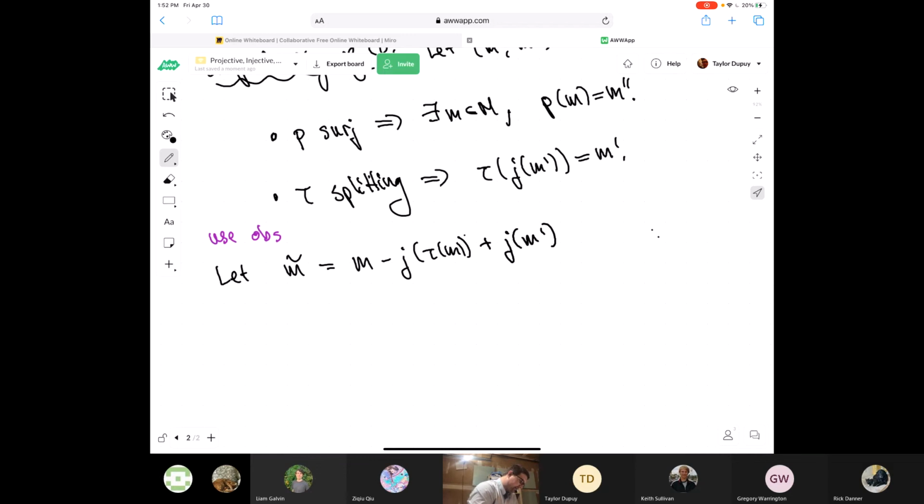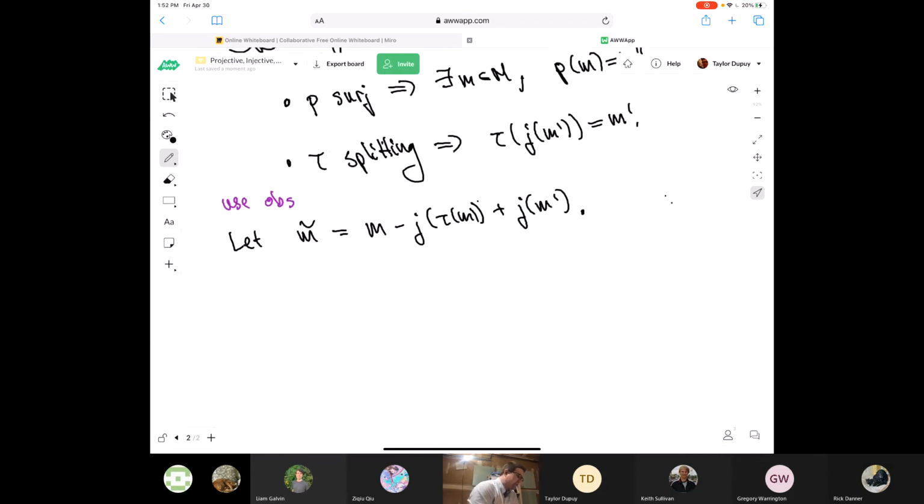Well, I guess this isn't quite the observation, but it's the same idea. So let's check that this works. P of M tilde is, well, these things are in the kernel here. This is P of M, and then we have just plus stuff in the kernel.